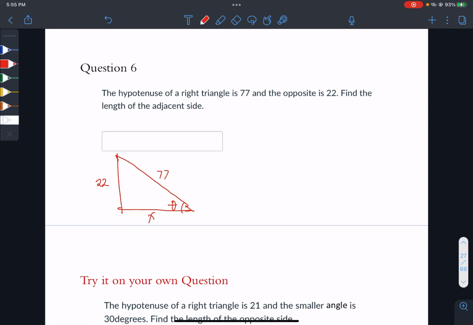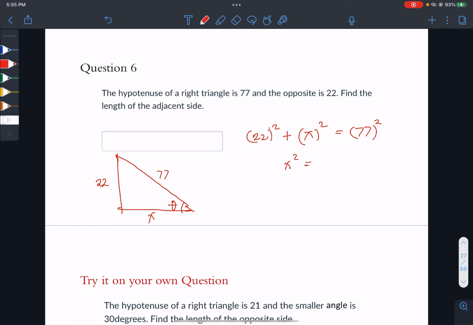How do we get that? We're going to use the Pythagorean theorem. The Pythagorean theorem uses the two sides, so 22 squared plus x squared equals the hypotenuse, 77 squared.